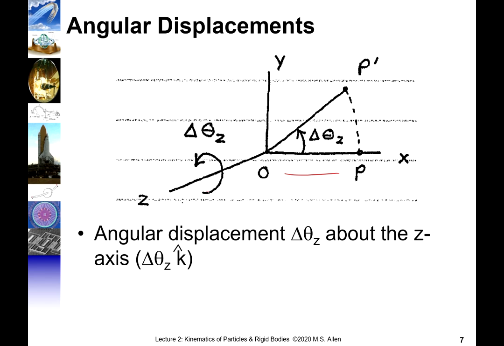So if we turn about the z-axis in that direction, then this line OP will rotate, and it'll maintain the same length, but it'll rotate such that P prime leaves the x-axis and comes into the xy plane. So that would be an angular displacement, and we write that as theta z about the k, because the rotation is about this axis.